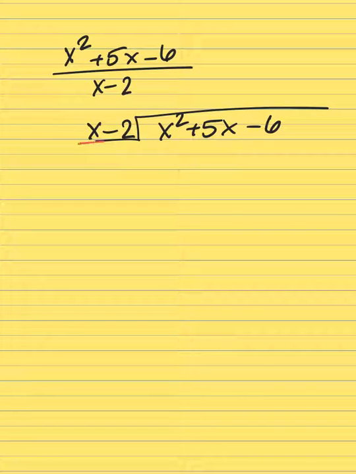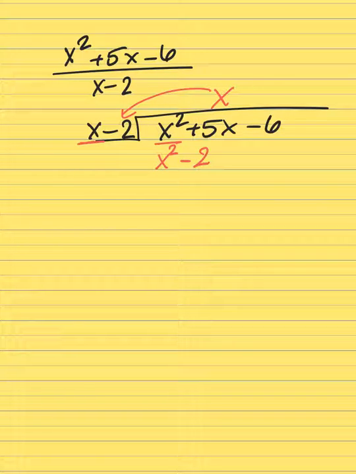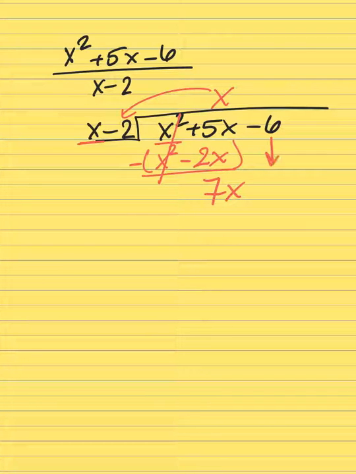All right. X times what is going to give me x squared? An x. Take that x, multiply it to everything there. This becomes x squared minus 2x. And I'm going to subtract. I know I did it right because those x squares are going to cancel out. 5x minus negative 2x becomes 7x. And I'm going to bring down the minus 6.